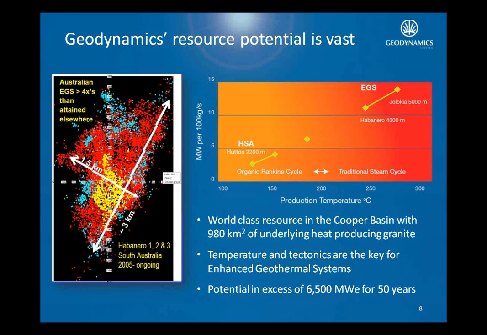So in our Habanero and Jolokia, our Cooper Basin wells, which are targeting those granites at between 4 and 5 kilometers, we have temperatures in the range 250 to 300, which gives you between 12 and 14 megawatts per 100 kilos a second flow.